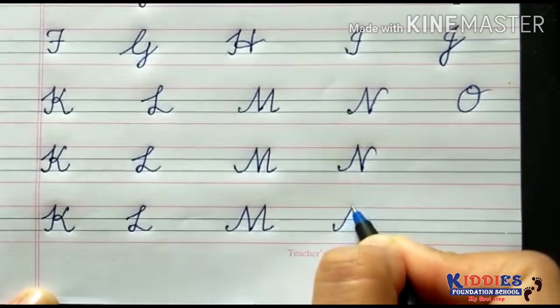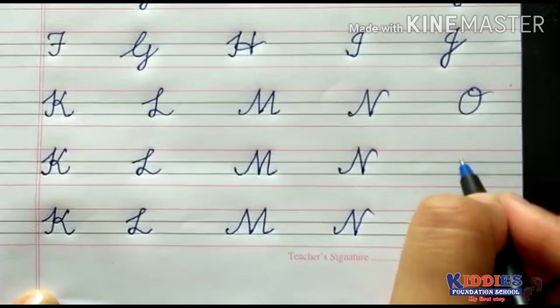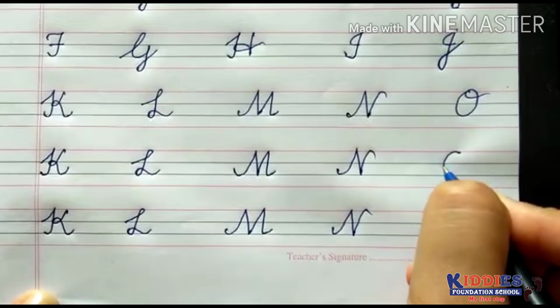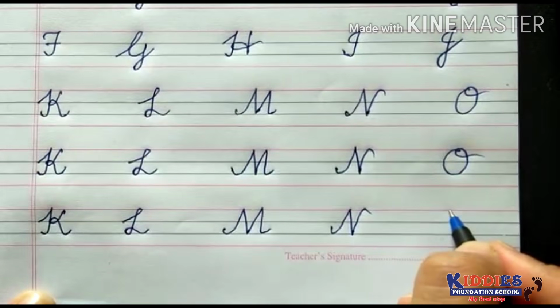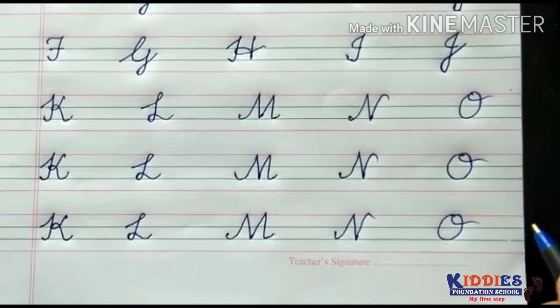Once again up, down and up. Now the letter O. O starts from the red line. Okay, red line like this.